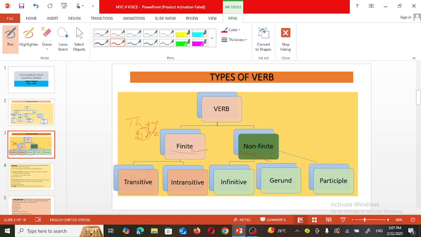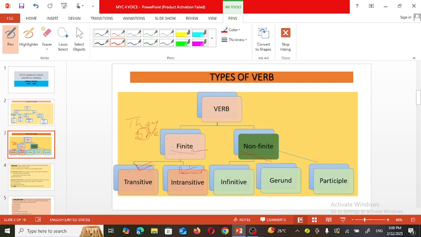Now finite can be classified as transitive and intransitive. What do you mean by transitive verb? Transitive verbs pass the action over to the object. It should be followed by an object. And when in a sentence it is not necessary that the verb is followed by an object, then it is called intransitive. For transitive, an object is necessary, and in case of intransitive there is no need of an object.